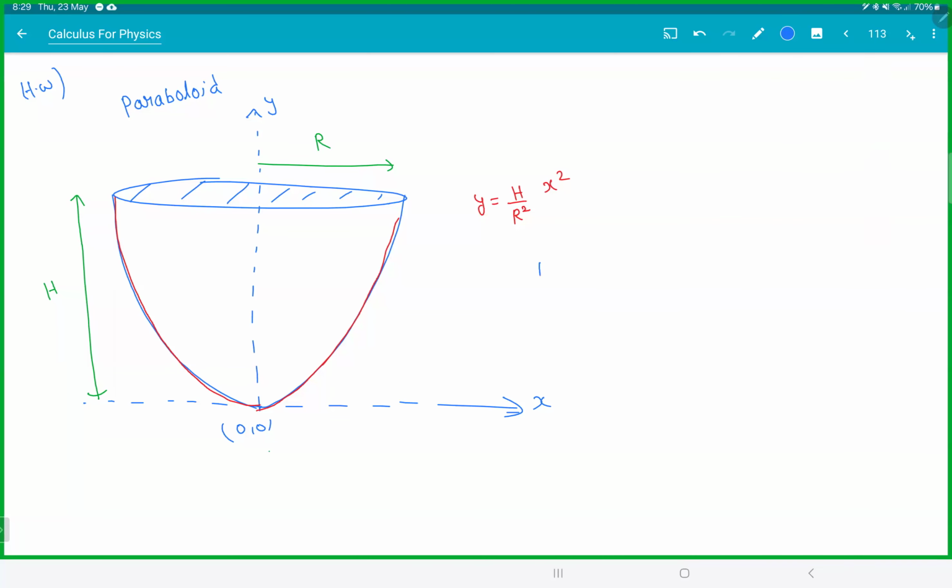So the question here is to find the volume of this paraboloid. I want you to find this entire volume.